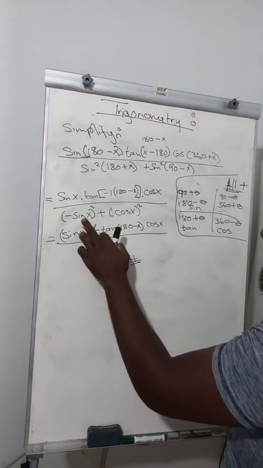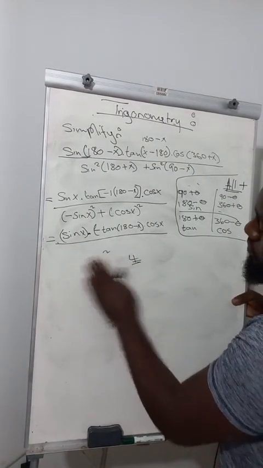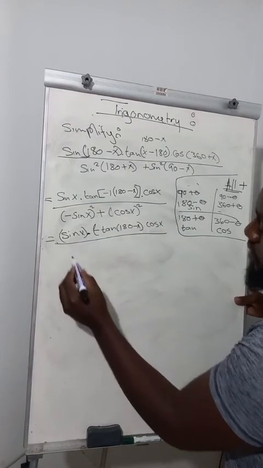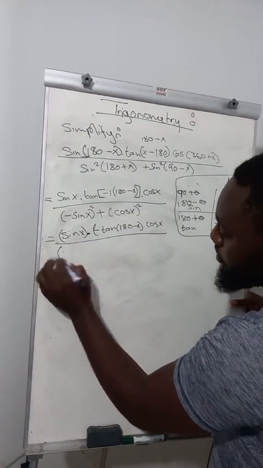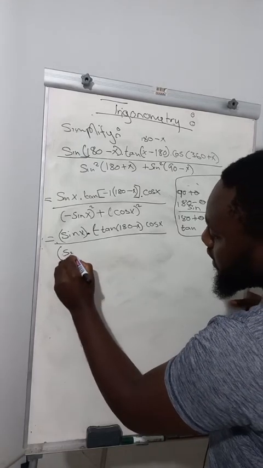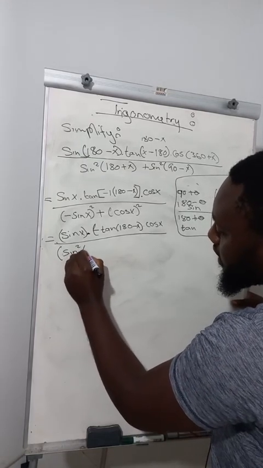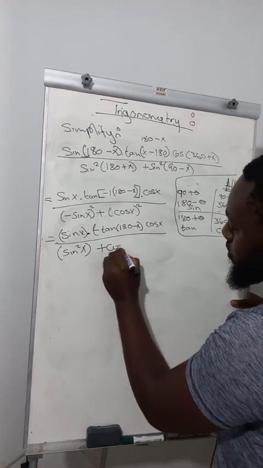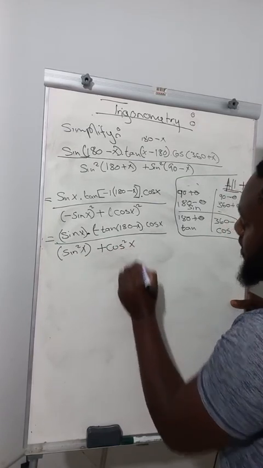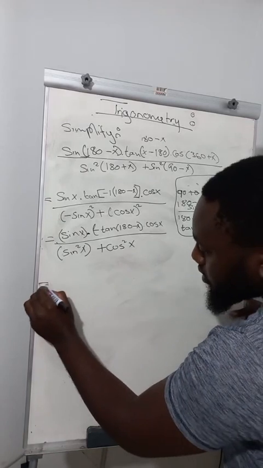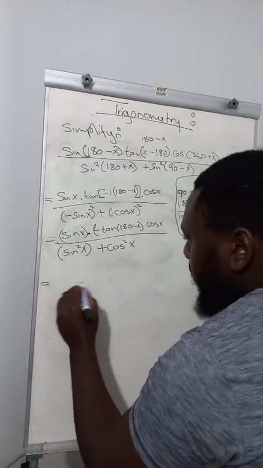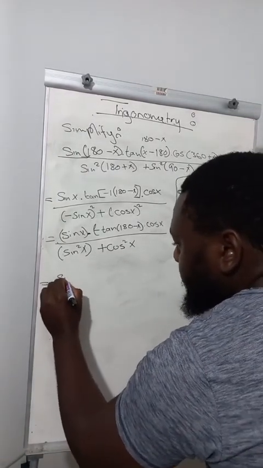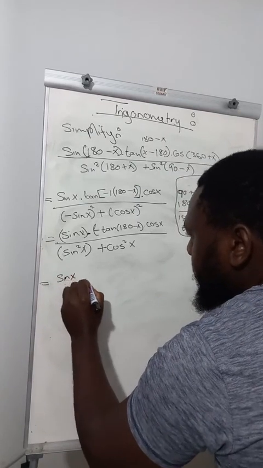So it means the same thing is happening here. Now you'll have a positive sine squared x plus cos squared x. Now equals, now you'll have sine x.